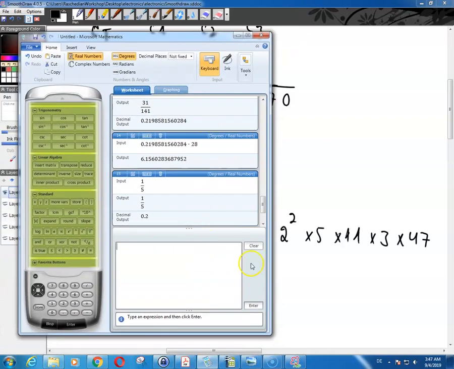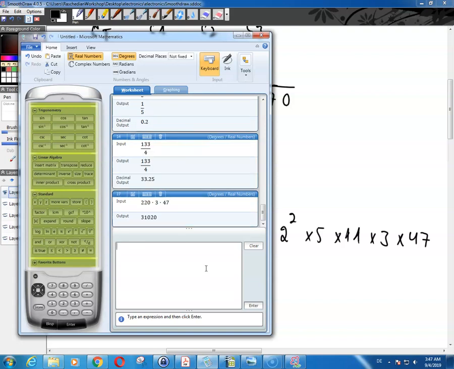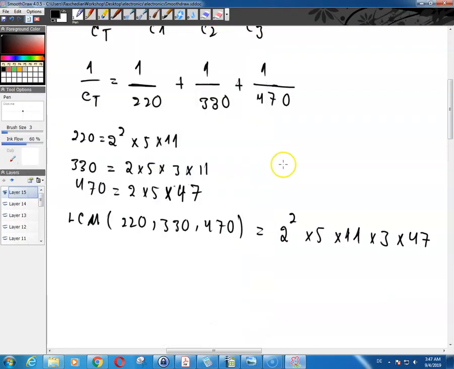For example, 4 times 5 is equal to 20, 20 times 11 is 220, times 3 times 47 is 31,020.